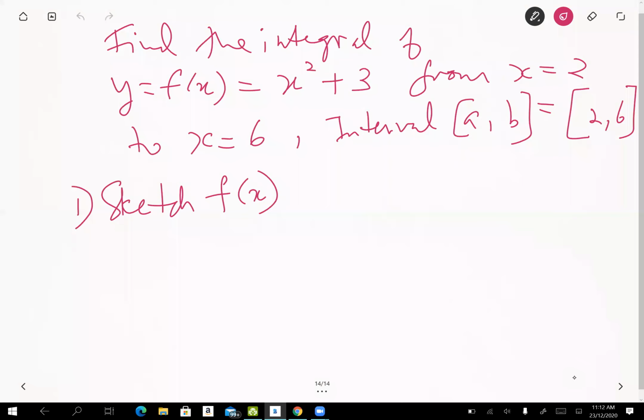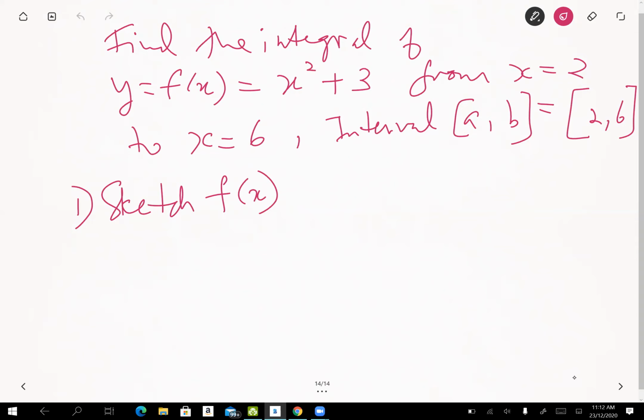Okay, how does the curve look like? Does this curve have a maximum or a minimum? Minimum. So the curve has a minimum. There is only one minimum, and the curve will go upward. What is the minimum point? 0, 3.